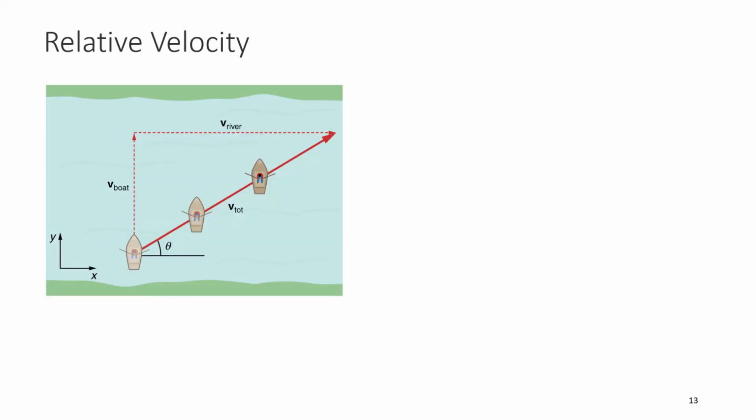If a person rows a boat across a rapidly flowing river and tries to head directly for the other shore, the boat instead moves diagonally relative to the shore, because the river carries the boat downstream.